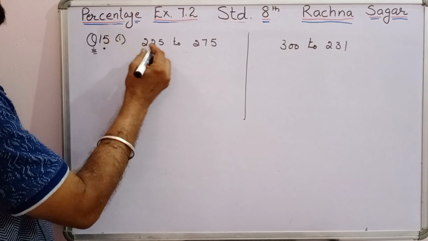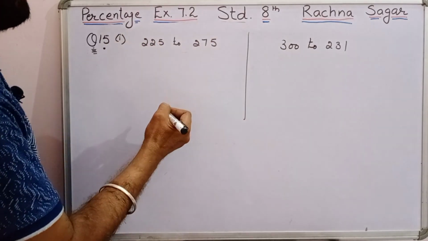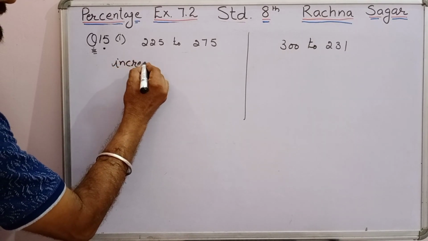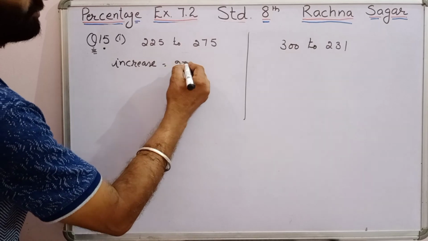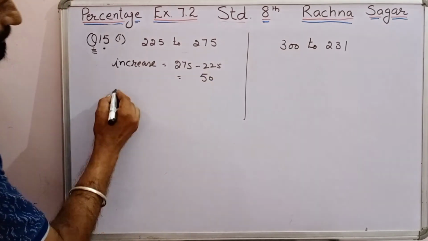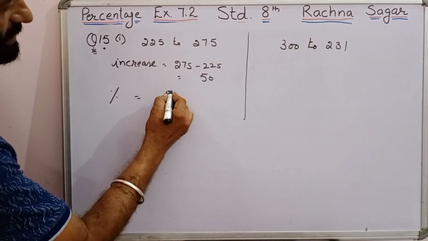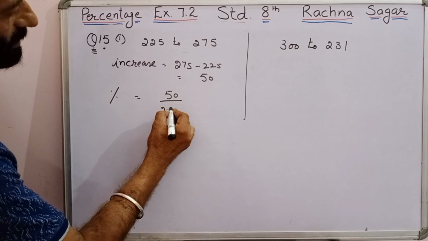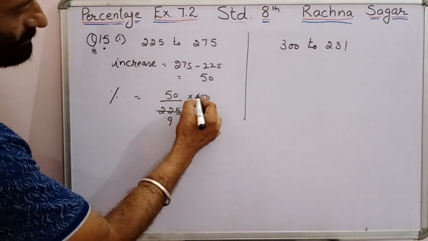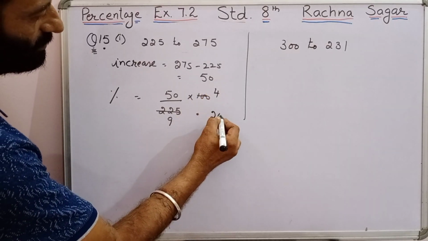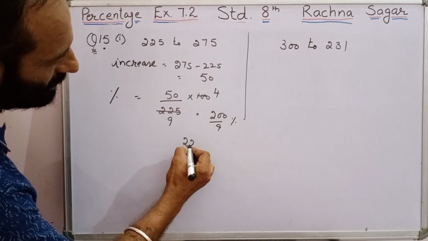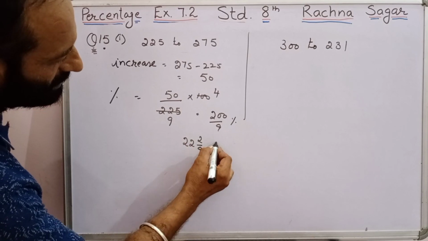Question number 15, part 1. A number is increased from 225 to 275. Find the percentage increase. Now the increase in number is 275 minus 225 is equal to 50. Percentage increase, it is increase in number over original number 225 multiplied by 100. It is 200 over 9%, that is 22 and 2 by 9%.